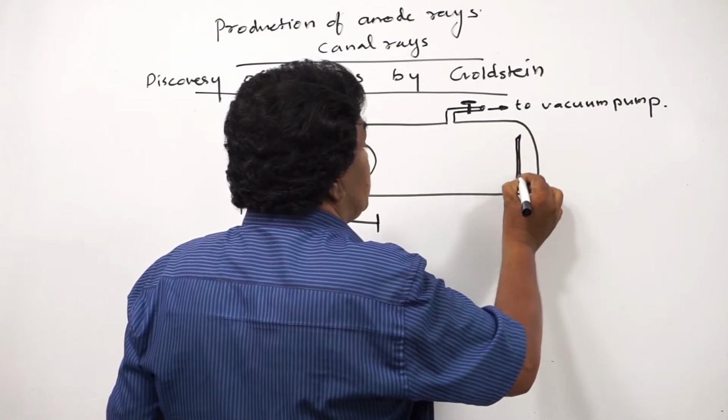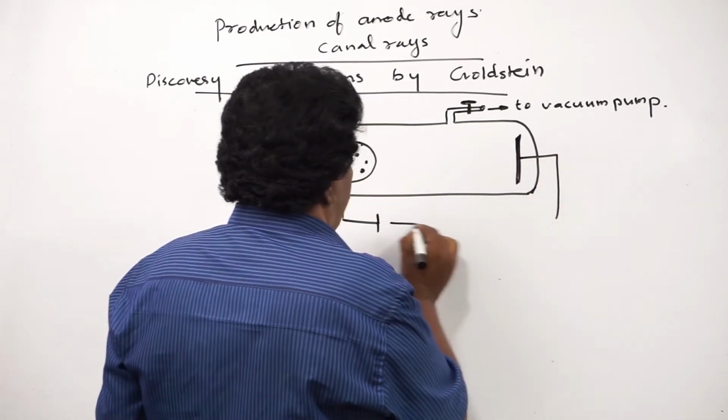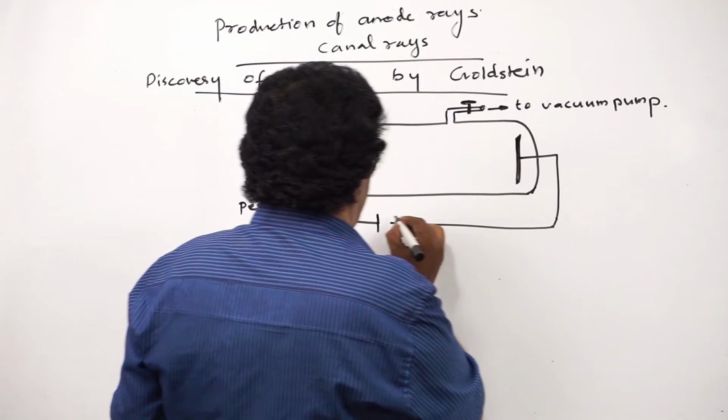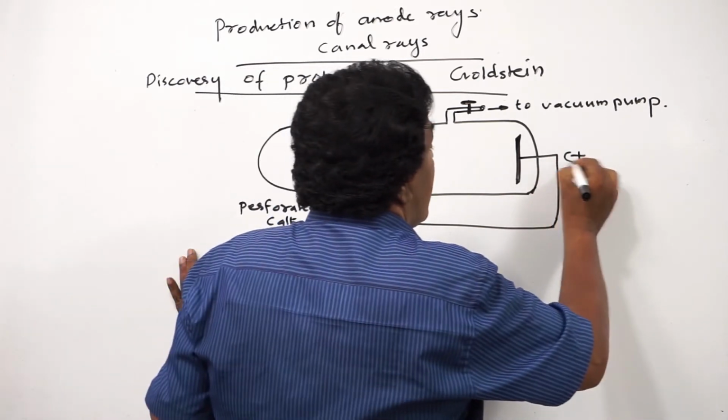At the other end of the tube, an anode is used. This is the anode.